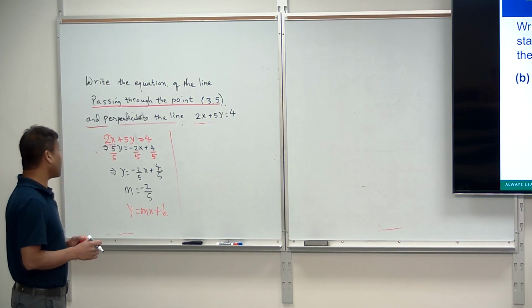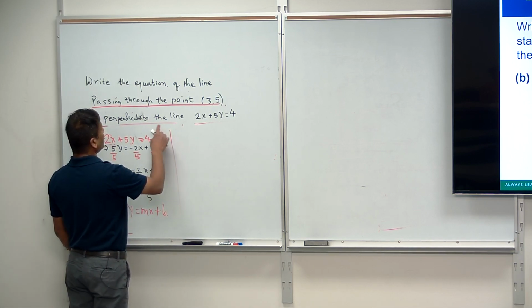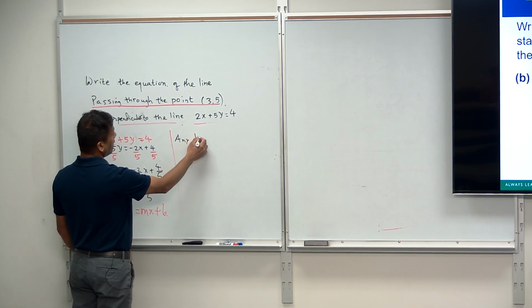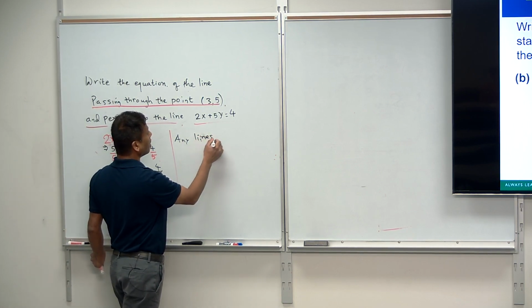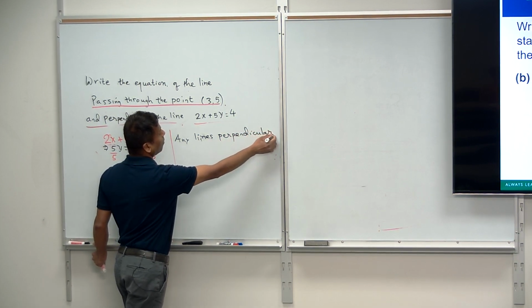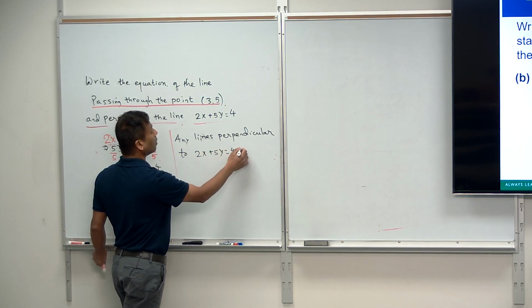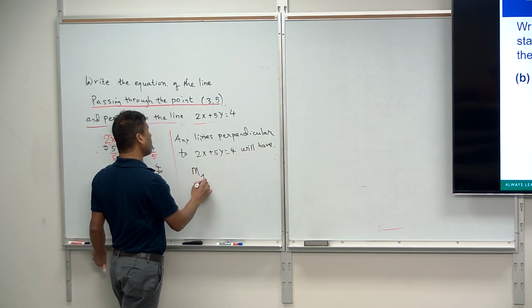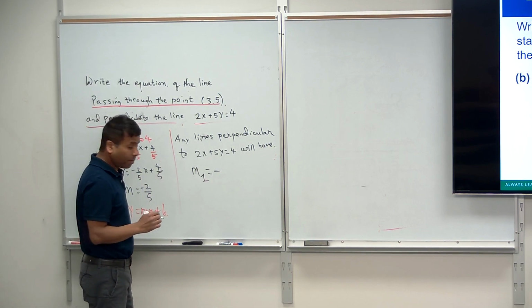So you can do that, or you can think in this way. Any line perpendicular to 2x + 5y = 4 will have slope, let's say m1, equal to the negative of the reciprocal of this.